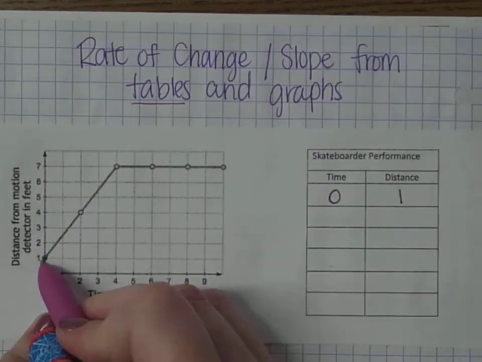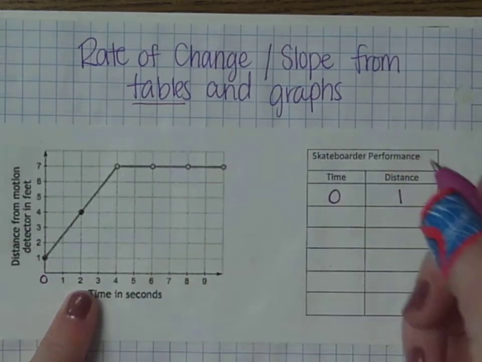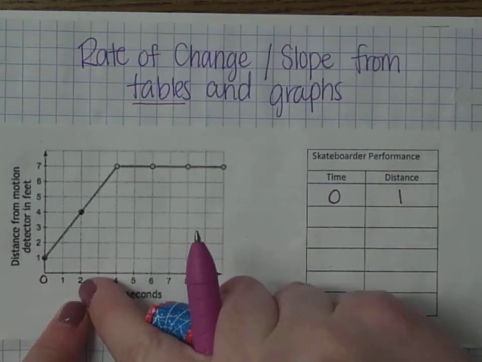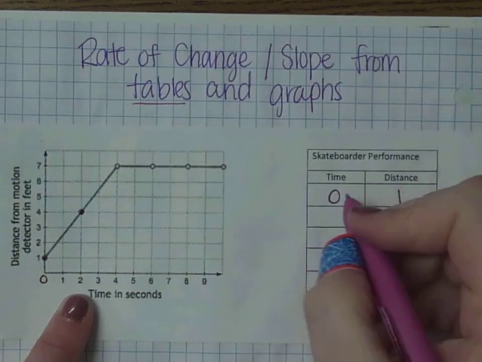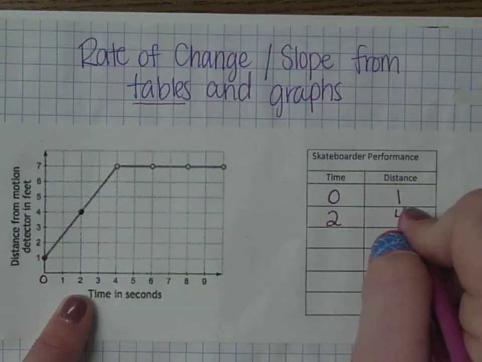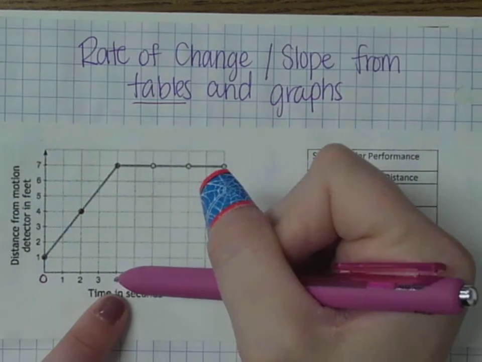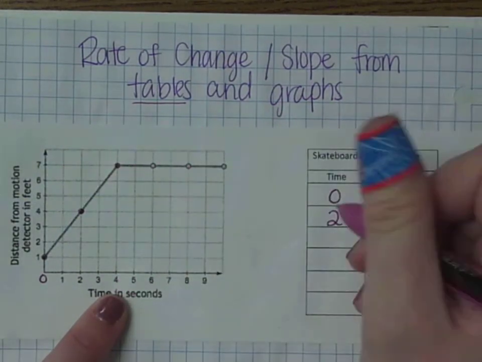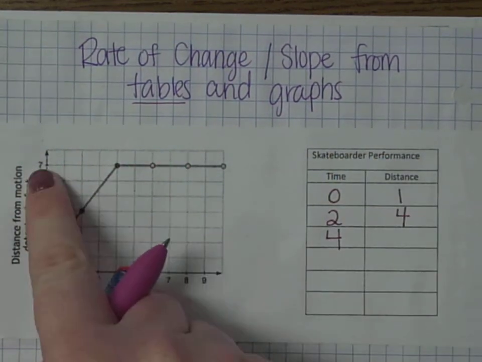Okay, go until you find the next point, which is right here. So the time would be 2, and the distance would be 4. Then we have this one, which is at 4, 7. 4 seconds, 7 feet.